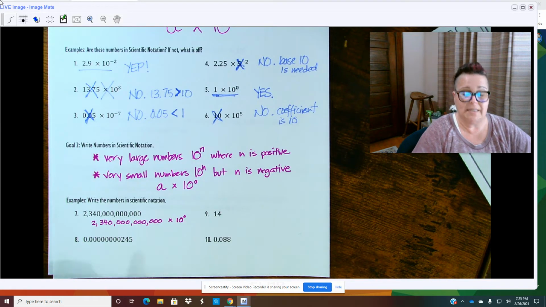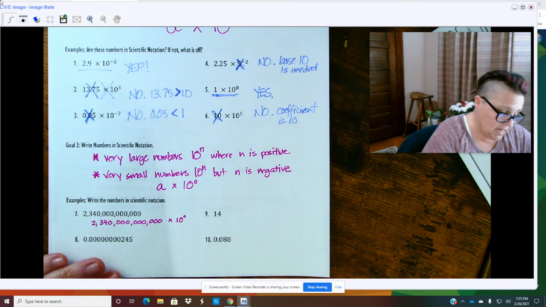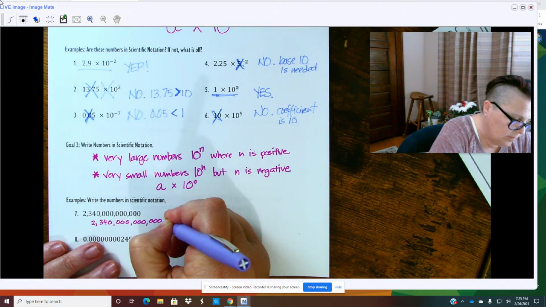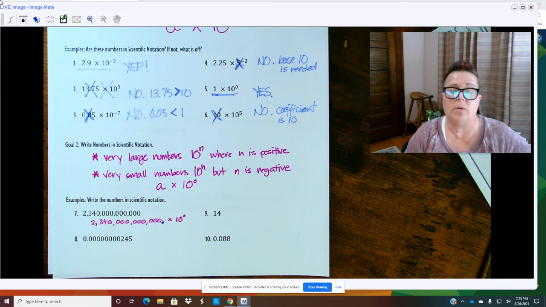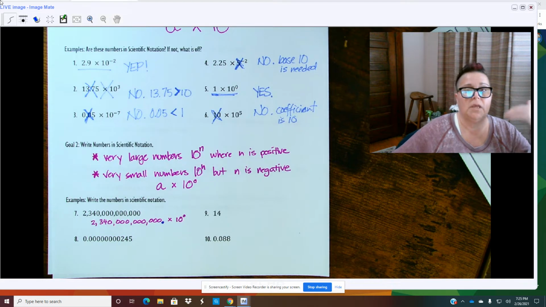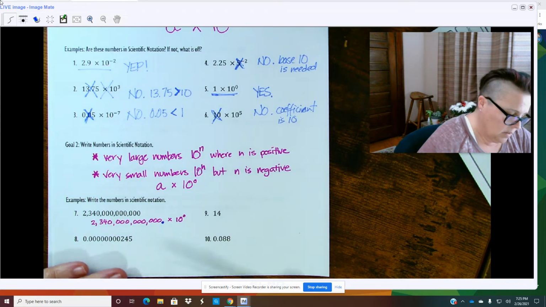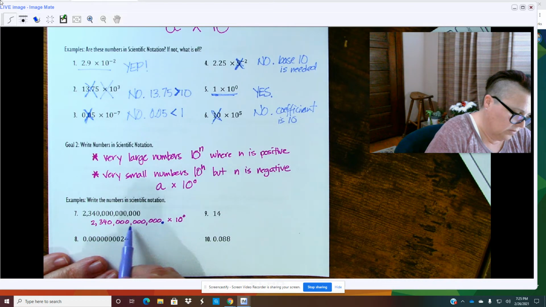Now, the idea here is you figure out where your decimal point would go. The decimal point would and should go right here, after the last 0 or digit. If there's not one there, it goes at the end, right? So now what I want to do is figure out, for scientific notation, I need the number to be between 1 and 10. So I need to move this decimal point all the way over.